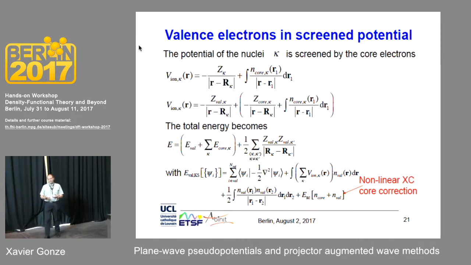So actually, we naturally see this apparition of ionic potential, and we can write the total energy as being due to different terms, the valence contribution, which is written here, kinetic, ionic, Hartree, and then the core and valence exchange correlation.